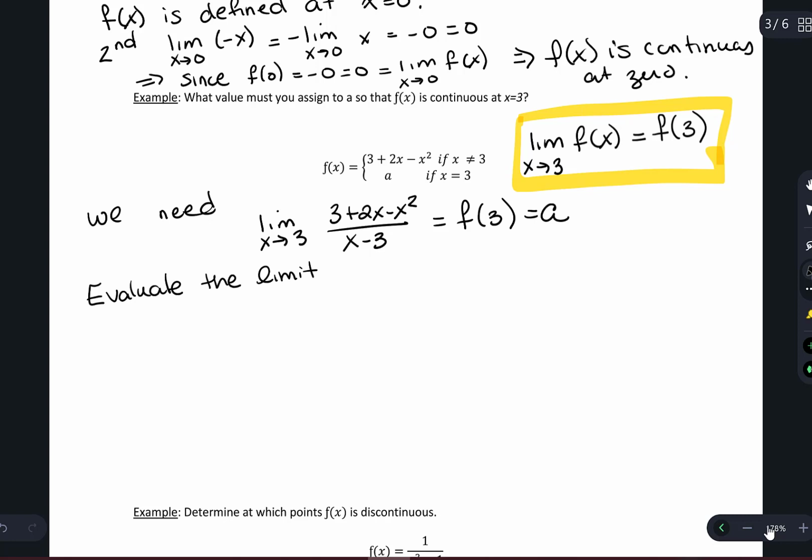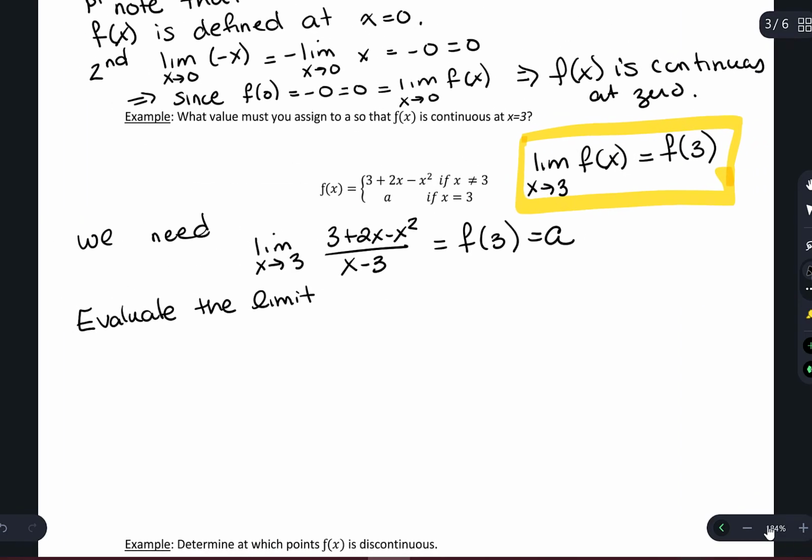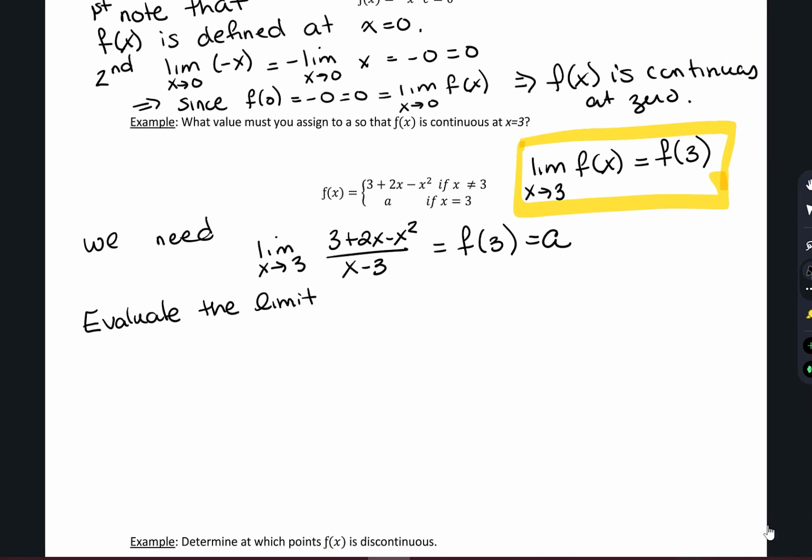Now remember, when we evaluate the limit, we're really concerned with x approaching 3, not x equal to 3. If x were equal to 3, we'd have that problem in the denominator.